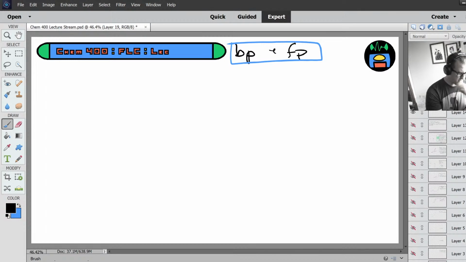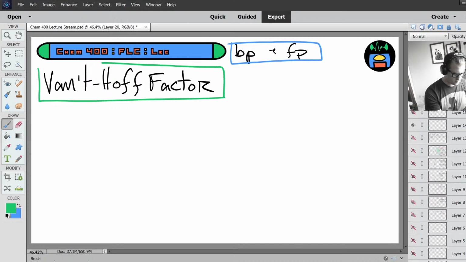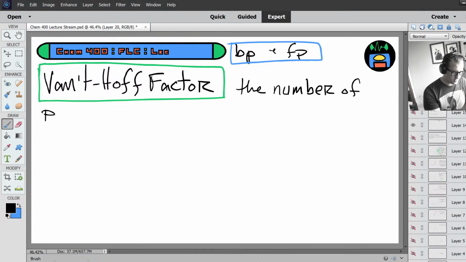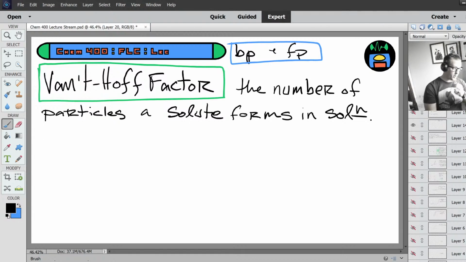The van 't Hoff factor is the number of particles a solute forms in solution. All right, the number of particles a solute forms in solution.